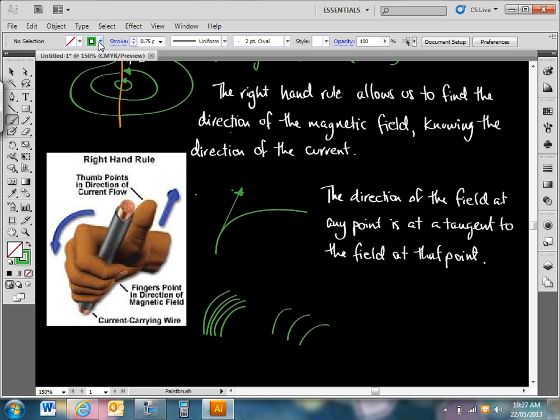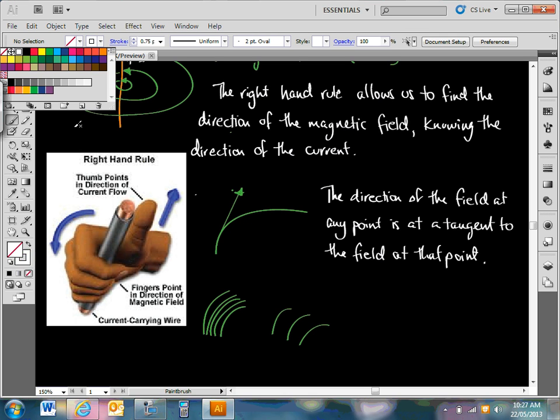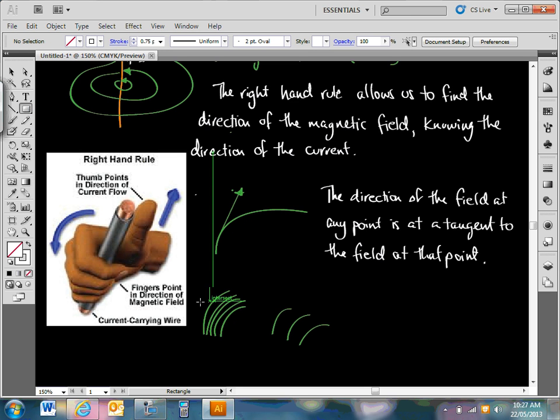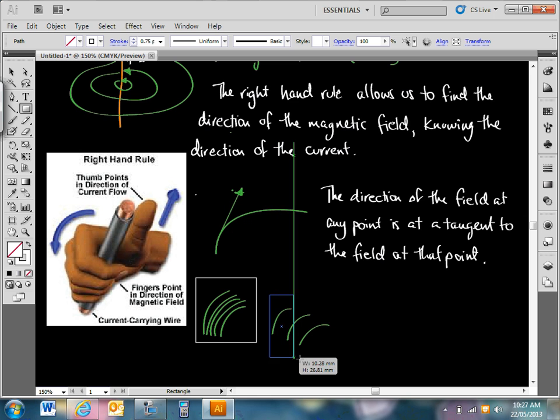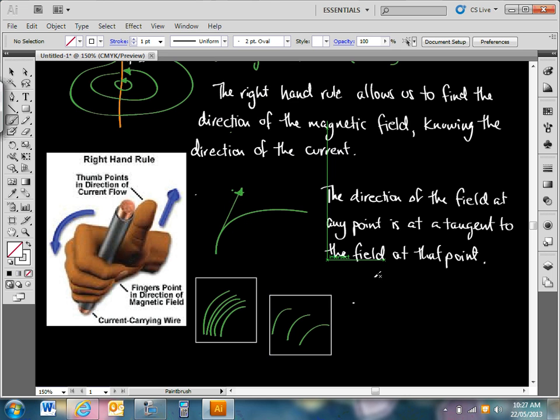Given the same or similar area, this magnetic field is going to be stronger, has a larger magnitude than this magnetic field, pictorially.